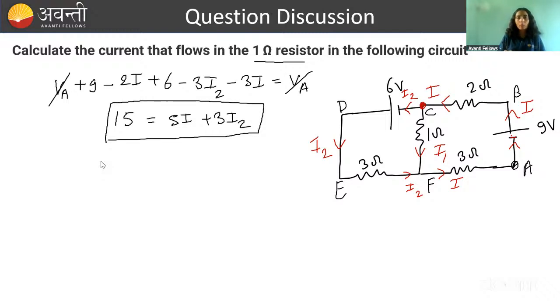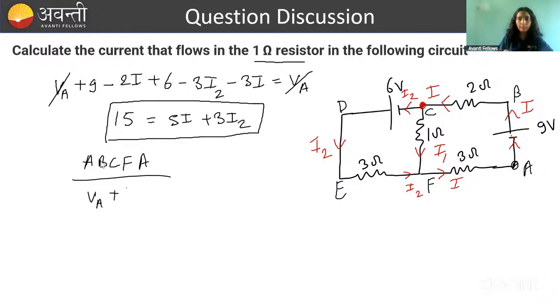Done. Now, if we write KVL in this loop, which loop would we write now? Let's write KVL in A, B, C, F, A. Okay? A, B, C, F, A. We need to write more KVL here actually. But writing KVL is not difficult, right? Write it. Move from A again.